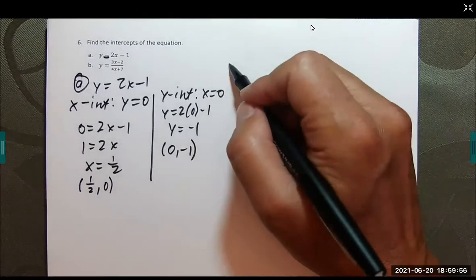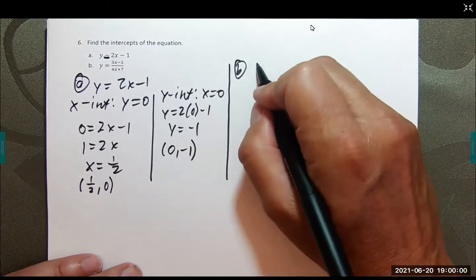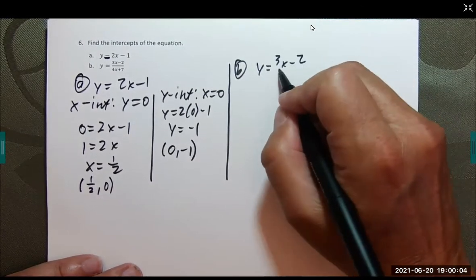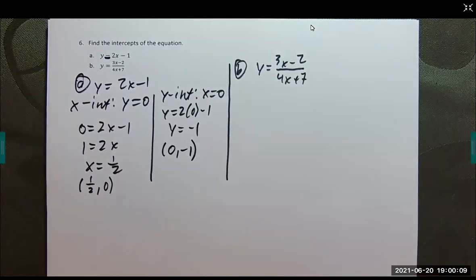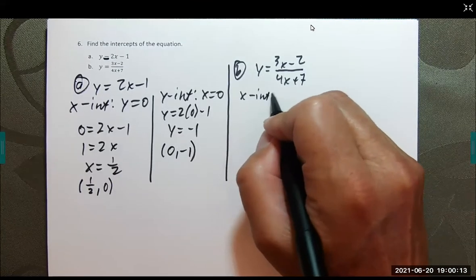B is going to be a little bit more involved. y equals 3x minus 2 over 4x plus 7. Start with the x-intercept. Again, that's when y equals 0.